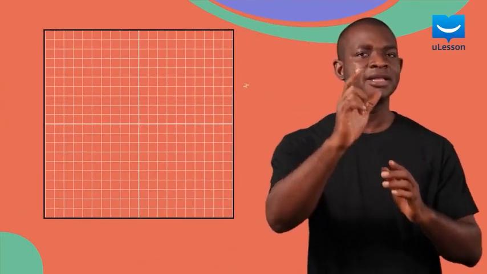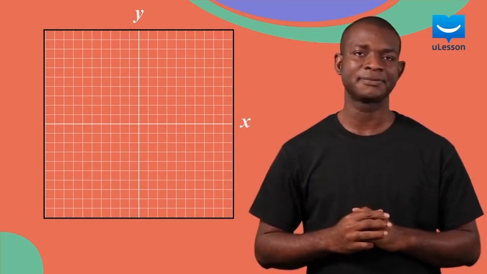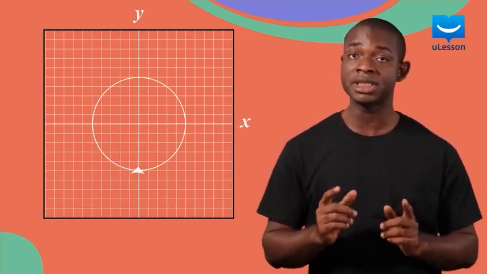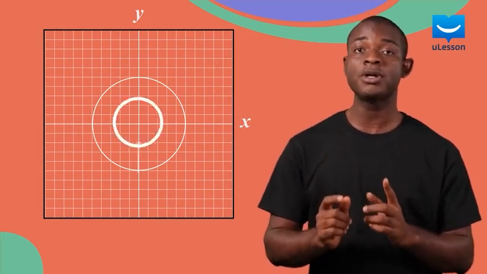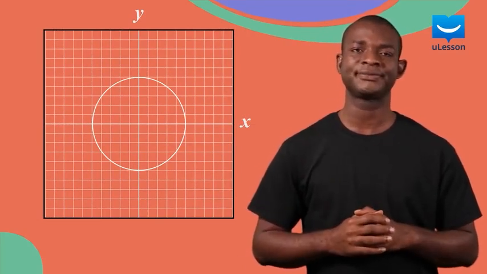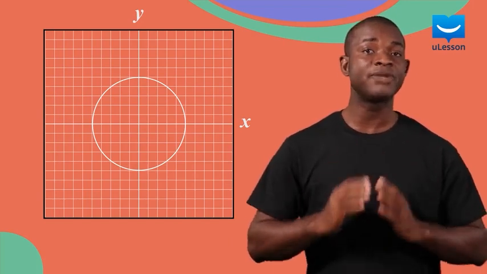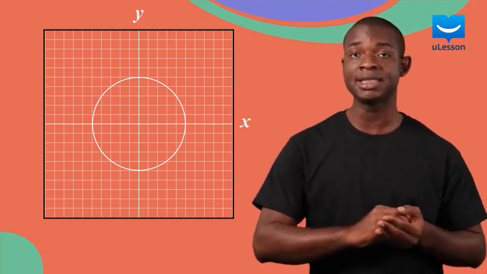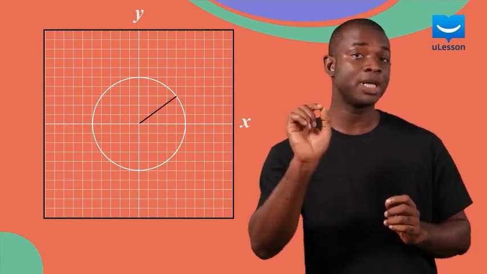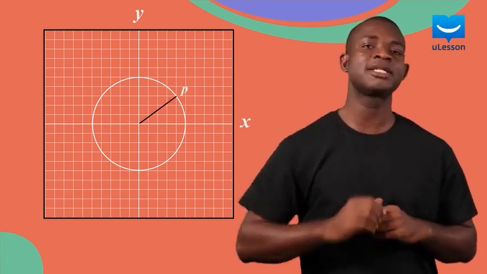Take a look at this Cartesian plane. If we draw a circle around the origin such that its center corresponds with the origin, we have this image. Since the center of the circle and the origin intersect, we can draw a line from the origin to a point P on the circumference to get this image.